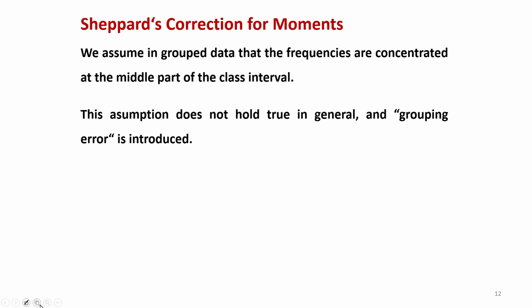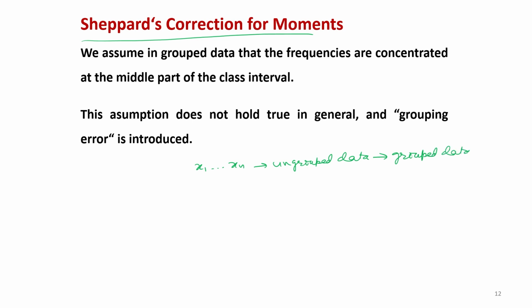Now, let me give you an idea of one more concept. This is about Sheppard's correction for moments. What is this Sheppard's correction? When we consider ungrouped data, we have the values x1, x2, ..., xn. And when you consider this ungrouped data as grouped data, you classify these observations into class intervals.